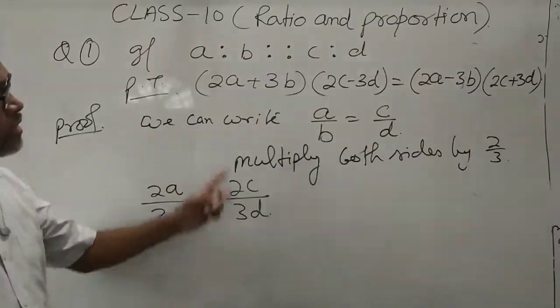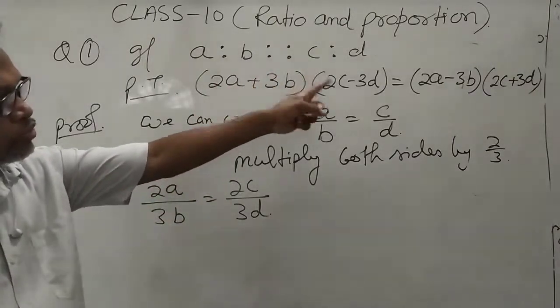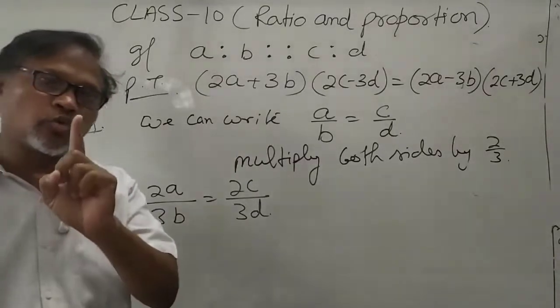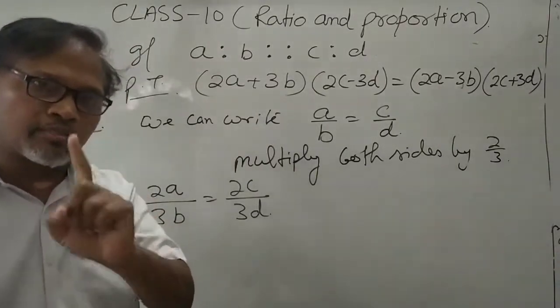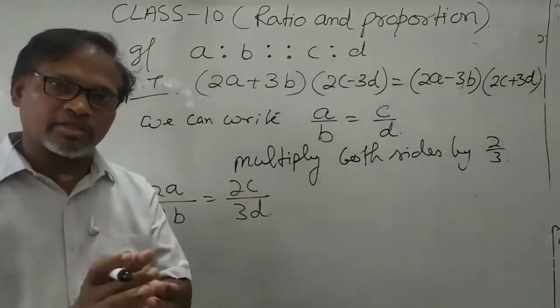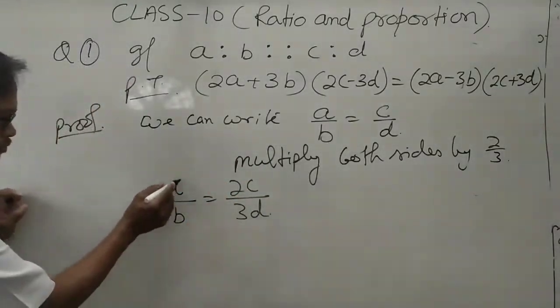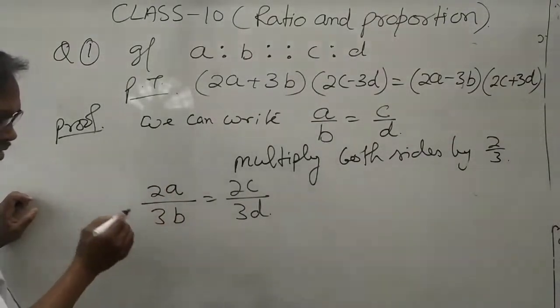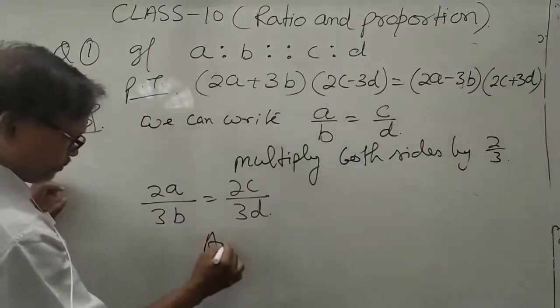But you want 2a plus 3b, 2a minus 3b, 2c plus 3d like that. And this you will get only when you apply the componendo and dividendo. In that, a plus b comes, a minus b comes, so the whole numerator add denominator, numerator minus denominator. So you will get it.